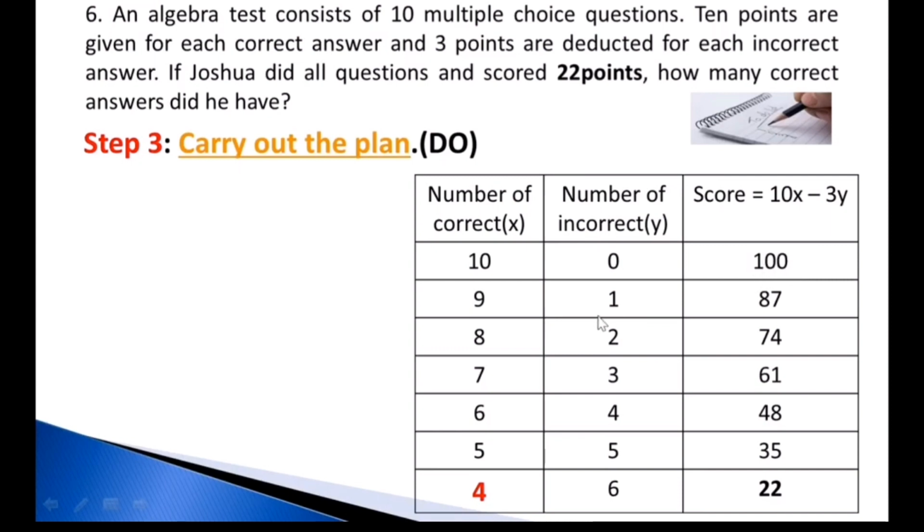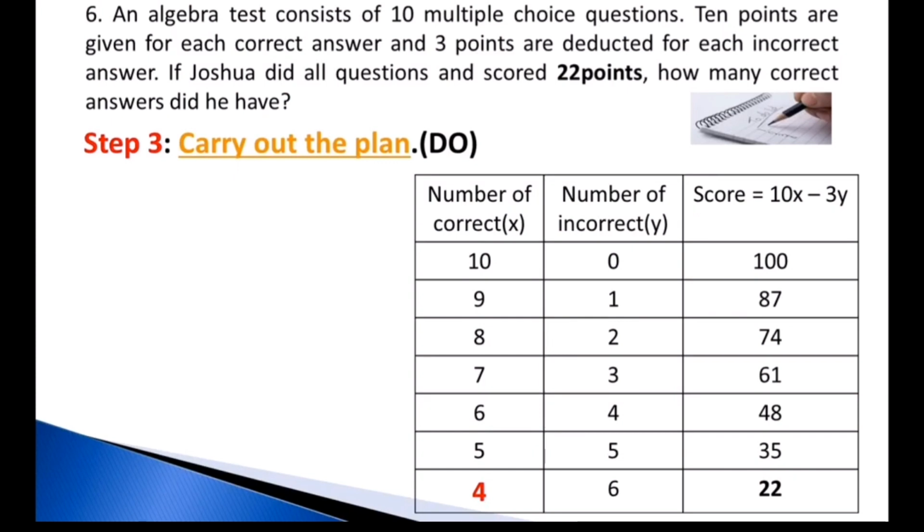Now if you make it 9 as correct, and of course 1 incorrect to make it 10, then 9 times 10 is 90, 1 times 3 is 3, then 90 minus 3 is 87. The same here: 8 times 10 is 80, minus 2 times 3 is 6, that is 80 minus 6 is 74. Do the same process as you go down the given rows.